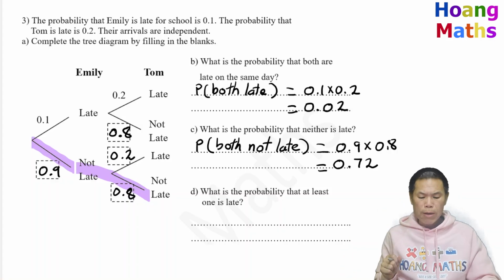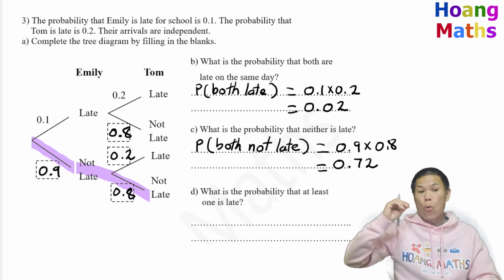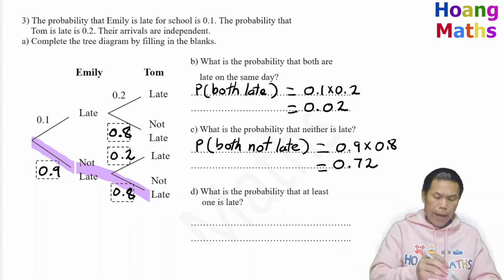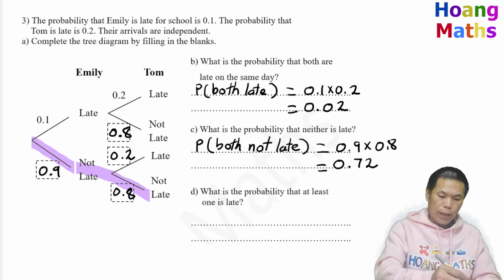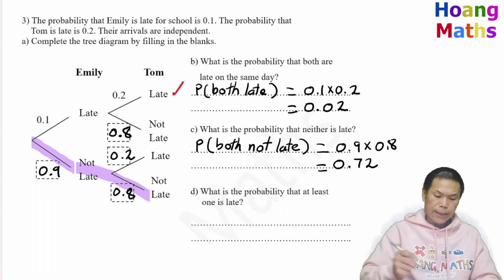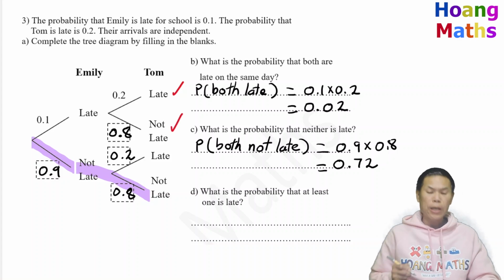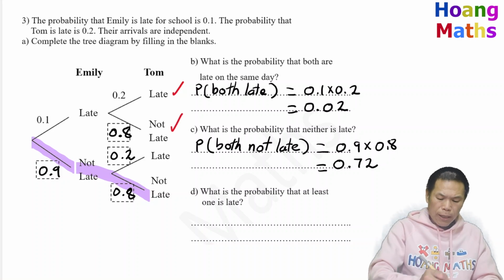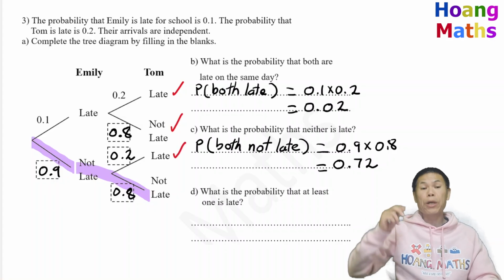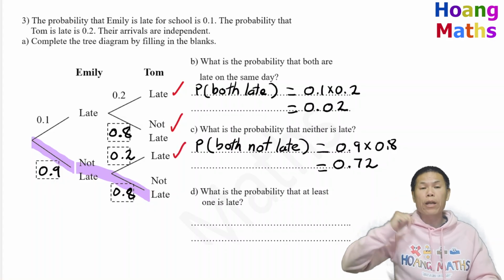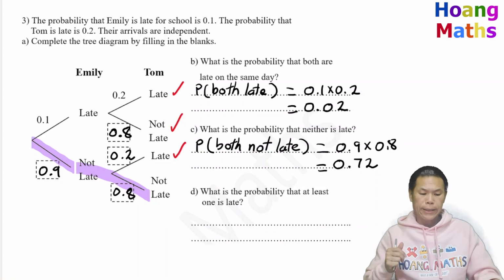Part D. What is the probability that at least one is late? At least one is late. So that means Emily late, Tom is late. Emily late, but Tom is not late. Emily not late, Tom is late. So there you go. Because we want at least one of them late. Okay, one or more late if you like.